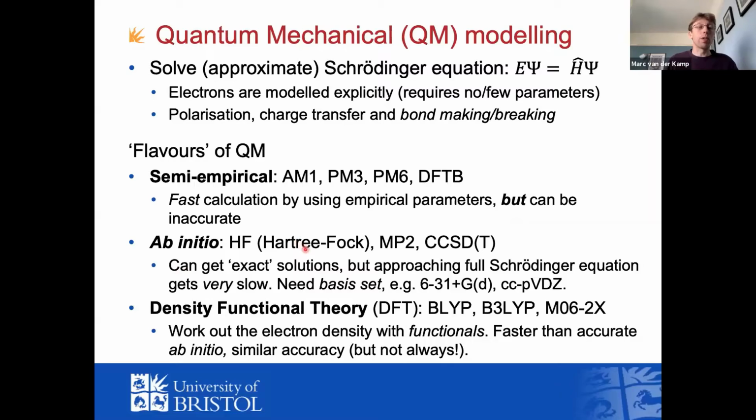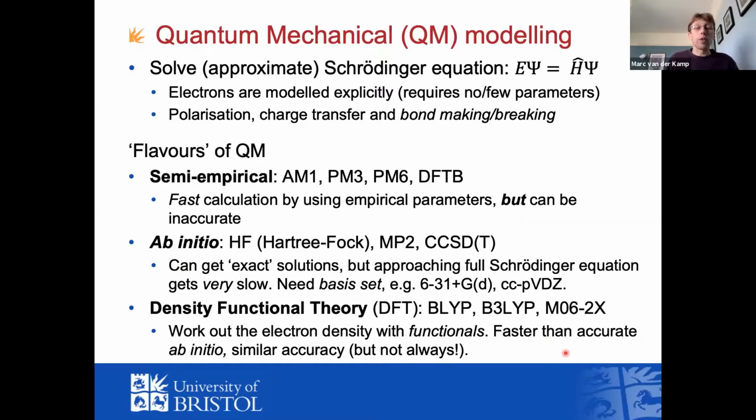Hartree-Fock is not great, but if you use approaches to include correlation, then they can really get quite accurate, but also can get really quite slow. And density functional theory tends to be at the cost of Hartree-Fock, more or less, so not super expensive computationally, but can get to the accuracy of better ab initio methods.